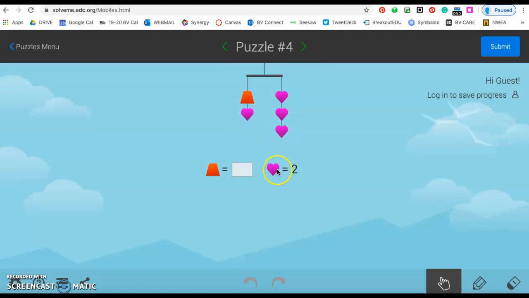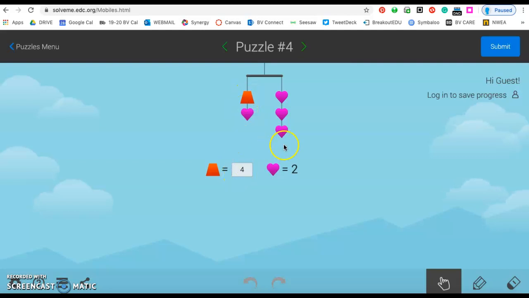So if I see 3 pink hearts, and each pink heart is worth 2, I can do some skip counting, 2, 4, 6. And that means the right side has a total value of 6, and that means the left side must have a total value of 6 as well. If this is worth 2, 2 plus what would give me 6? It would be 4.